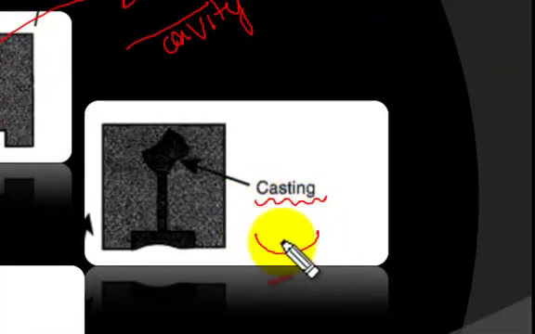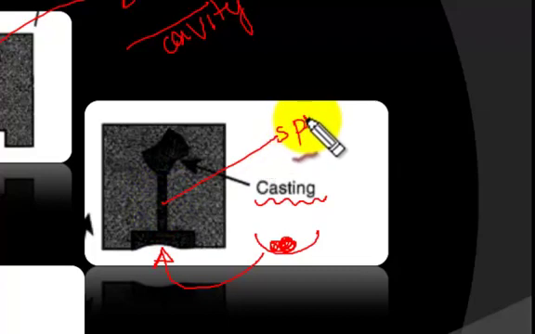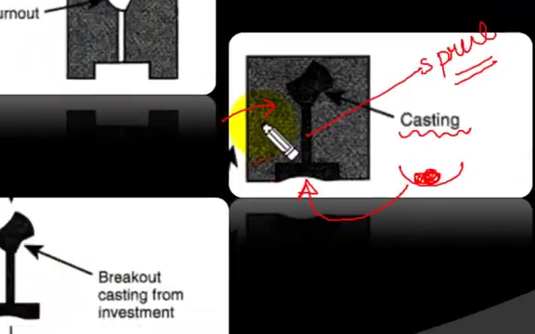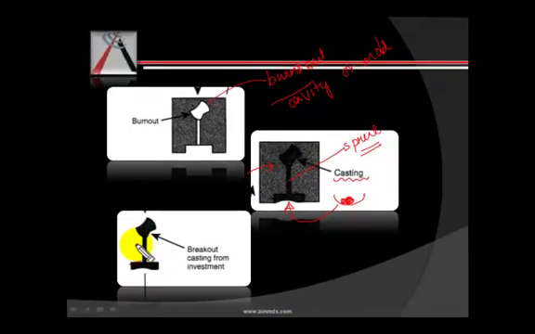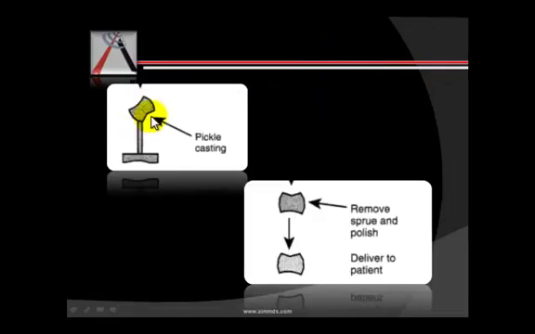Herein the metal, which is already molten in a crucible, is forced into this cavity through the channel that is formed by the sprue former, and this channel is called the sprue, as we already saw. Once the metal goes inside, it is allowed to solidify, and after solidification the investment is broken. After breaking out the investment, the casting is taken out. Next, the casting is pickled.